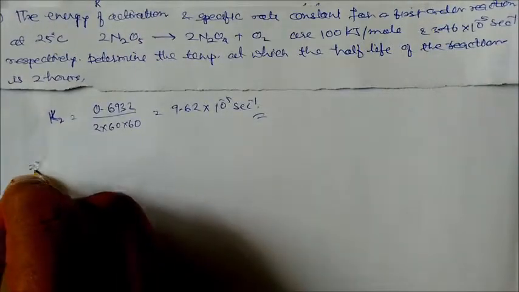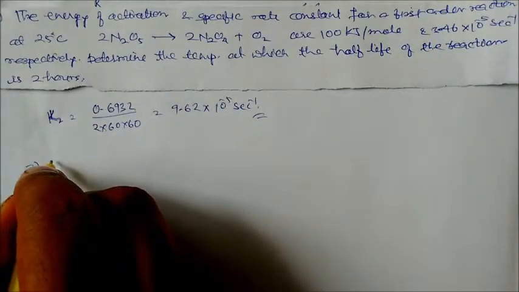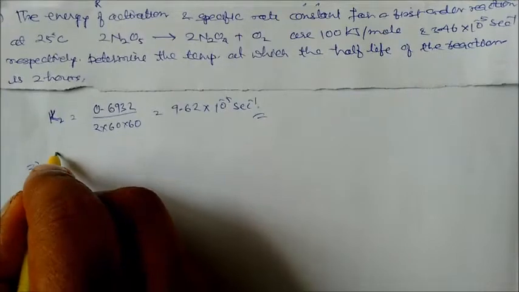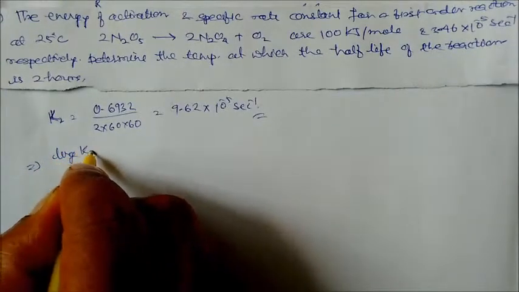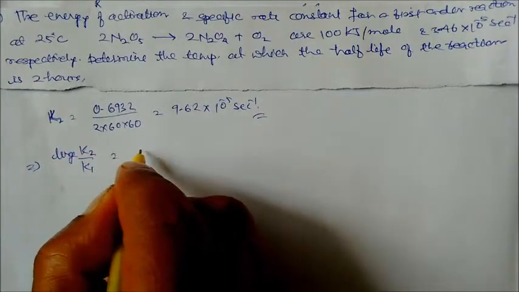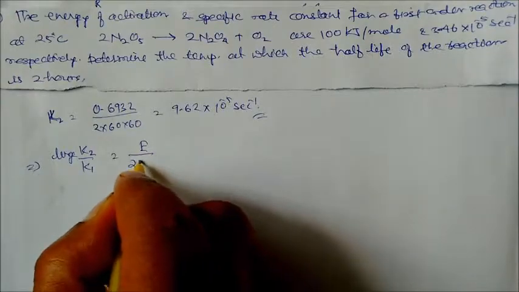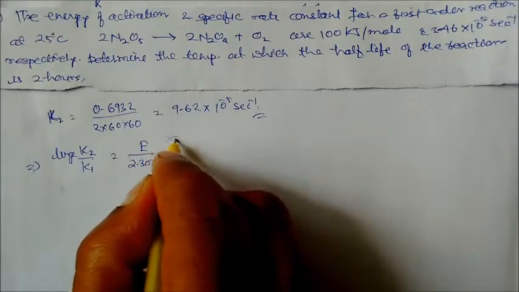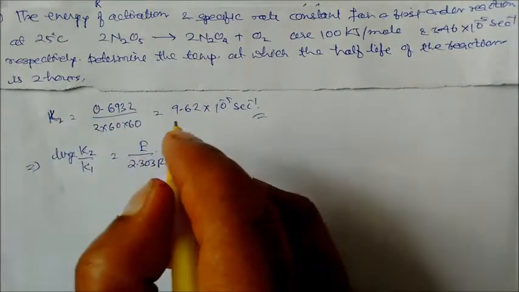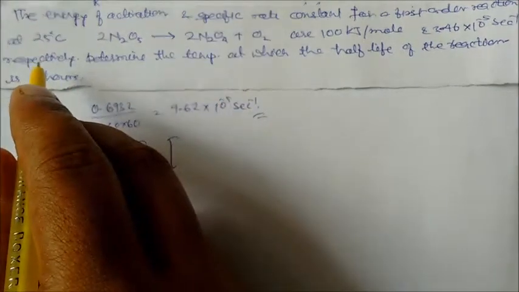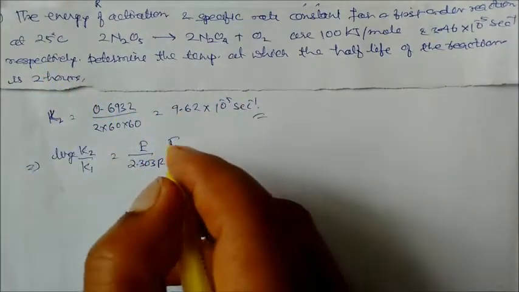Now for the temperature, again you can use the Arrhenius equation. So log of K2 by K1 is equal to EA by 2.303 into R, and there are two temperatures. One temperature is 25 degrees centigrade, that is 298, and the other temperature, T2, we don't know.